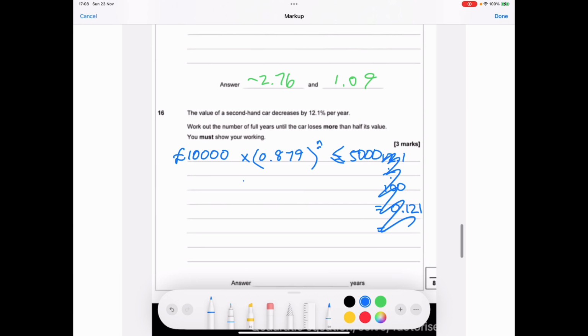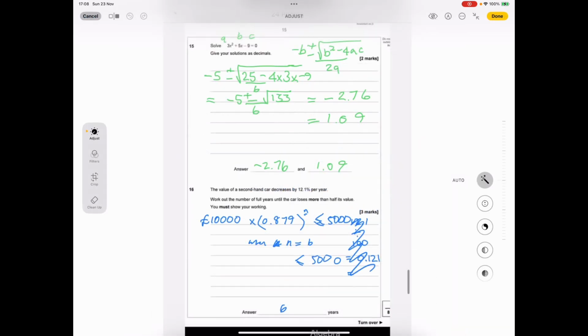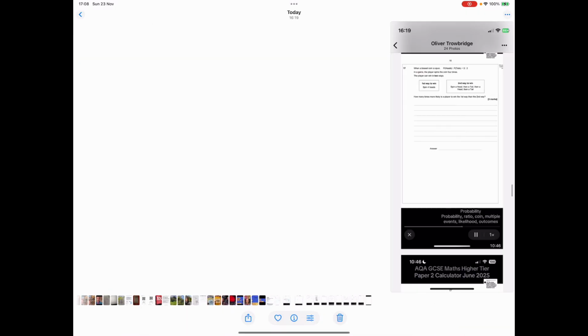So when n equals 6, it's lost half its value. So the answer is 6 years, or over 5.5 or something, but anyway, 6 in this case.